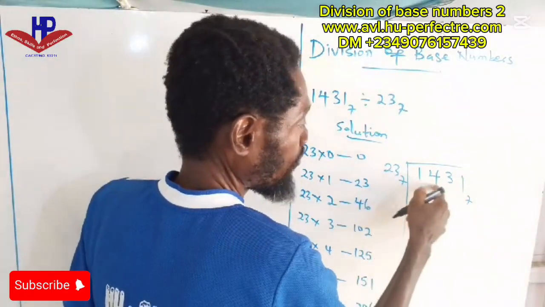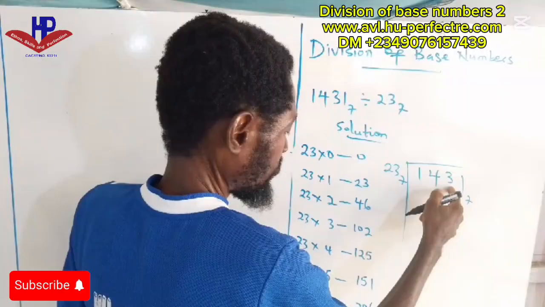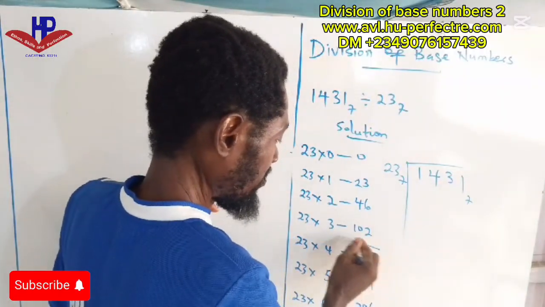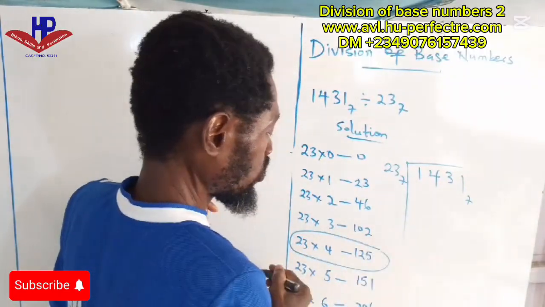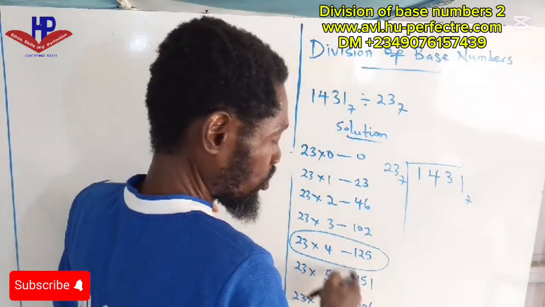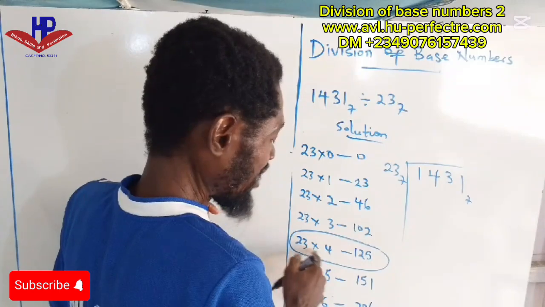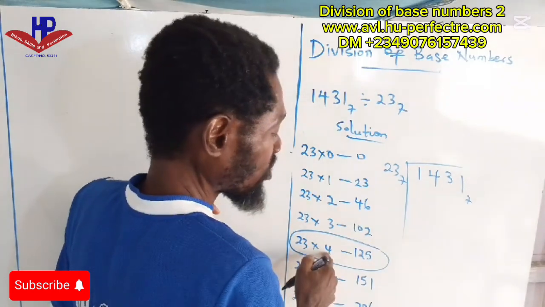It can go into 143. And we have a number that is close to 143. This is 155, which is above 143, so the number closer to 143 is 125. That number was from 23 times 4, which gave us 125.